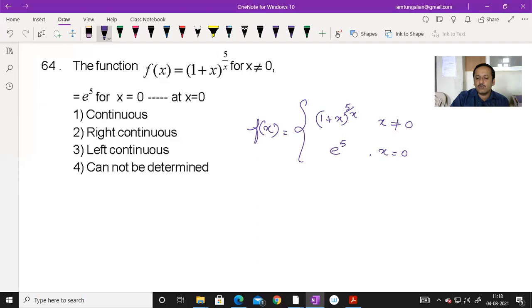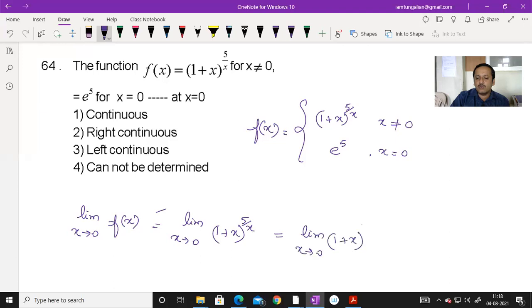Okay, so we need to check whether it is continuous or not. In order to check that, let us evaluate this limit: limit x tends to 0 of f of x. As x approaches 0, (1 plus x) to the power 1 by x will become e.